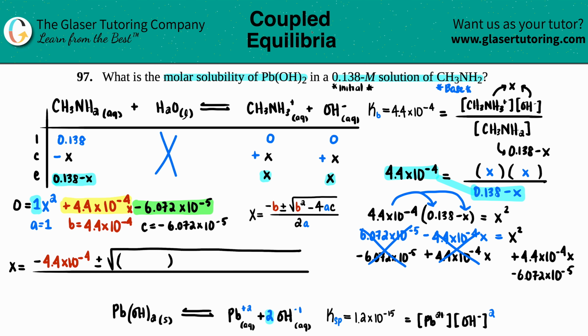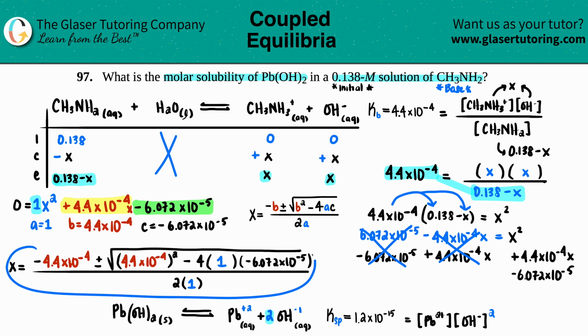So there goes the b again. So 4.4 times 10 to the negative 4th, and that's squared. Minus 4 times a, and a was 1, times c, which is a negative 6.072 times 10 to the negative 5th, all over 2 times a, which is just 1.